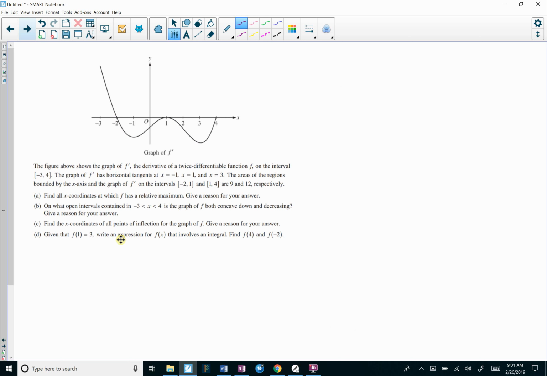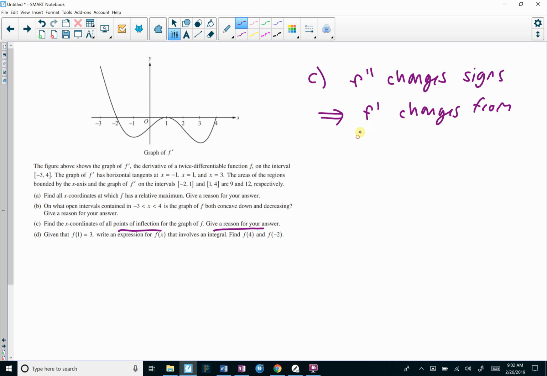Okay, on part C, find all points of inflection. Now be careful because a lot of us missed this on FR1. Okay, give a reason for your answer. So points of inflection occur when the second derivative changes signs, which means f prime, because this is the graph we have, changes from increasing to decreasing or vice versa.